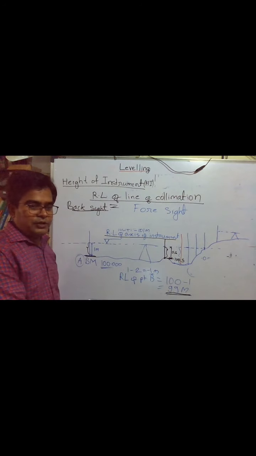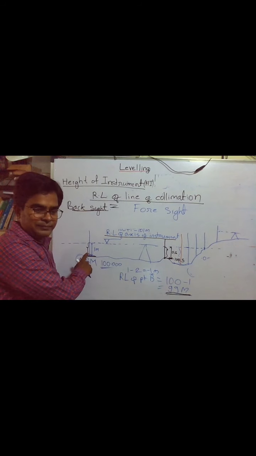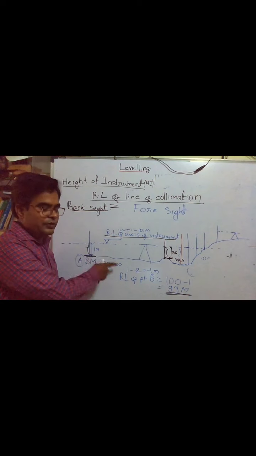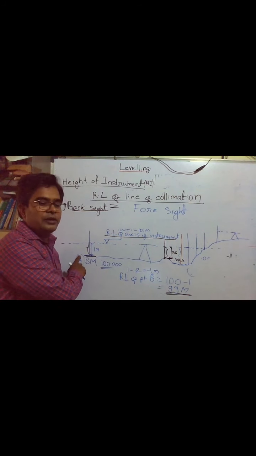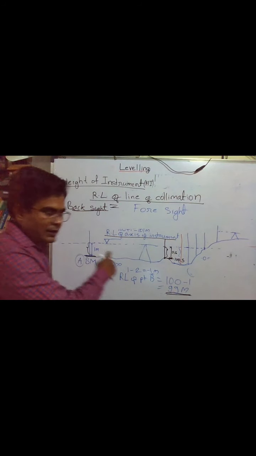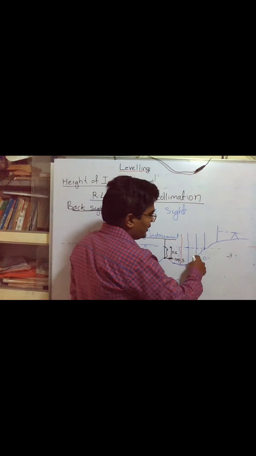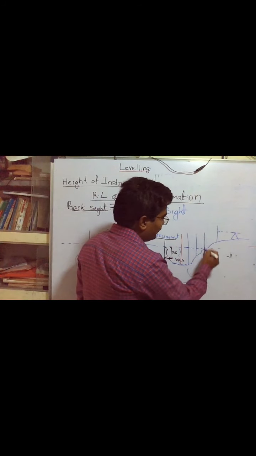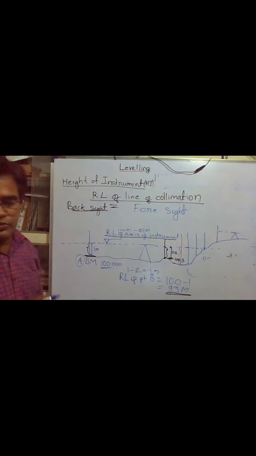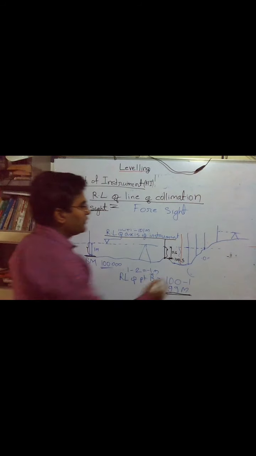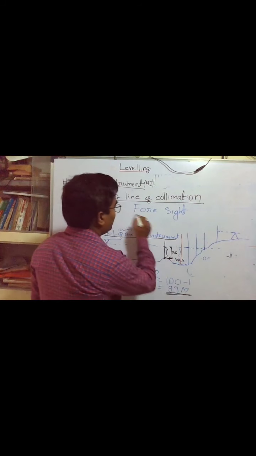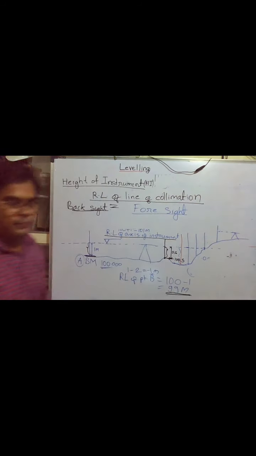I first set up the instrument and took the first reading at the benchmark. That reading is called backside. Then I took a number of readings, and then the last reading of this instrument setup is called foresight.